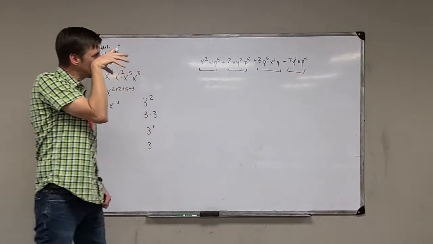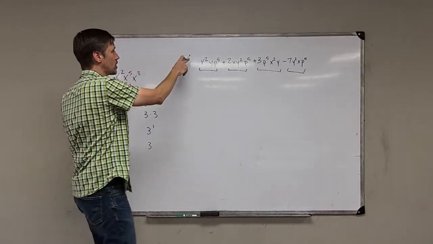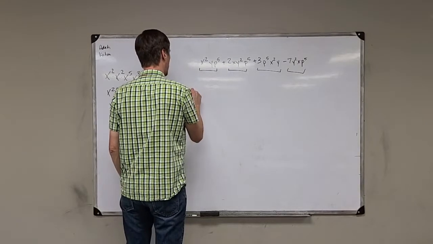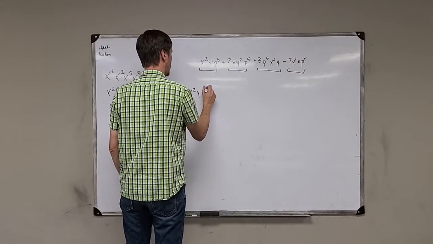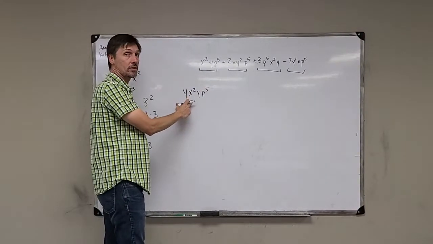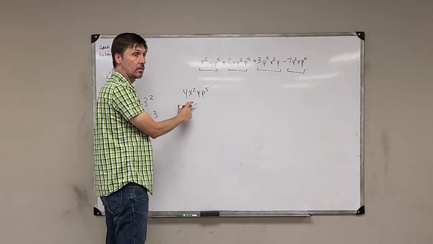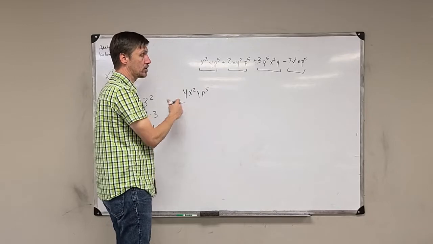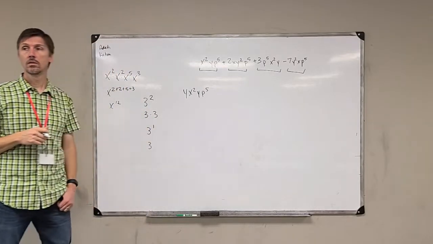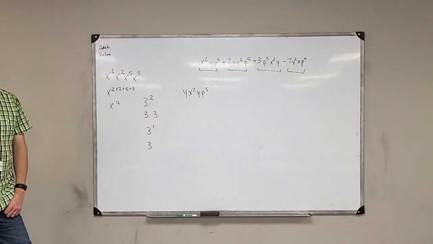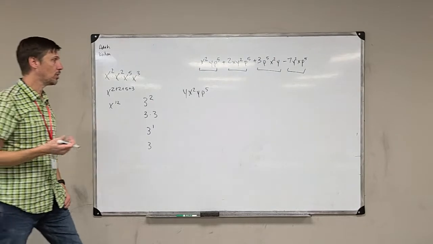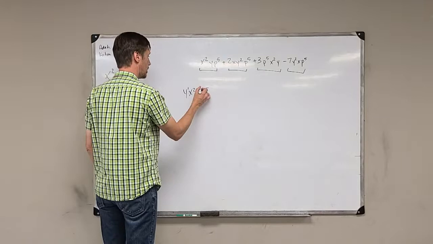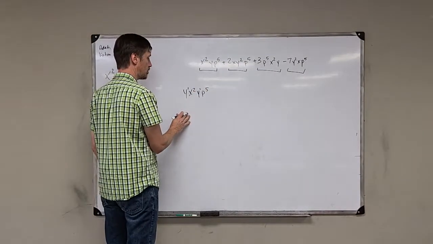And if I zero in on the individual terms, like if this term here, for example, had been y x squared y p to the fifth, we would want to simplify that first. Based on the rules that we just learned, I can combine the two y's, right? They have the same base. They're both raised to an understood first power.